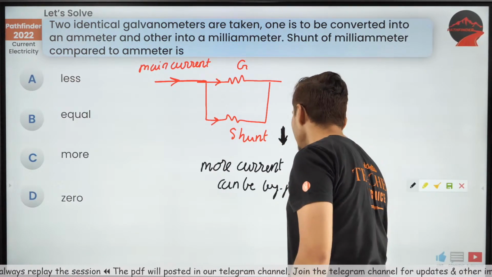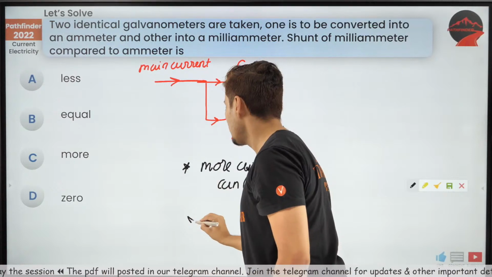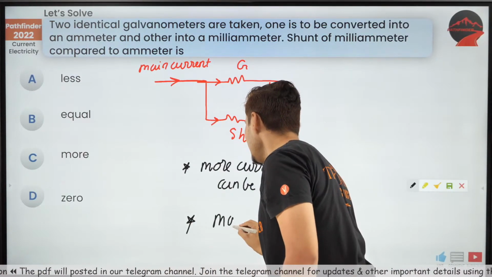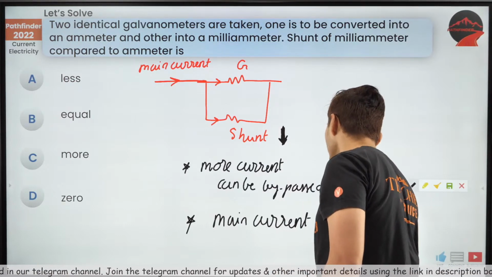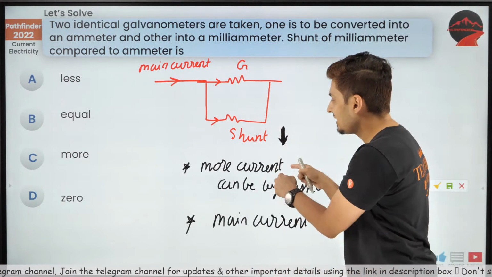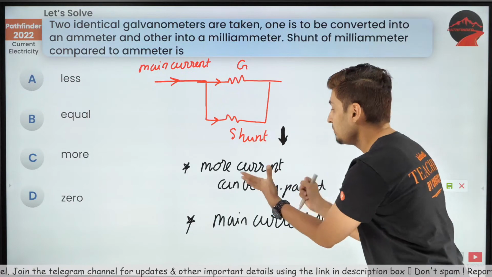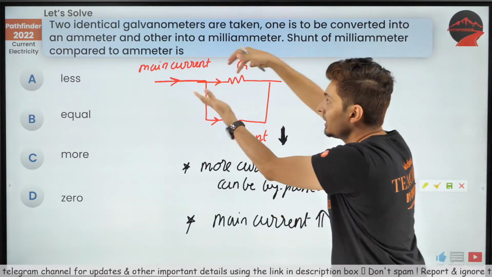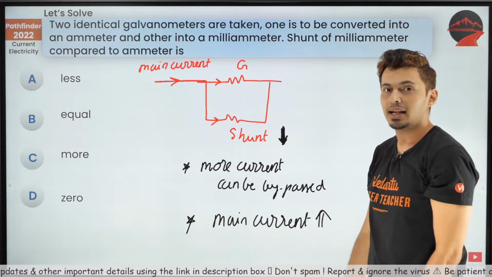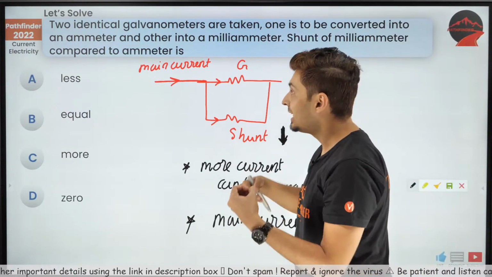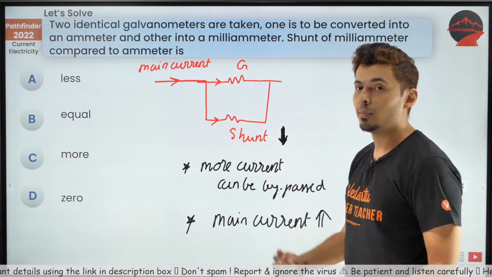Now, if more current can be bypassed, that means the main current can be more. I hope you understand that. If the shunt resistance is less, then more current can be bypassed. That means you can have more main current which is entering inside. That means it is able to measure more amount of current.